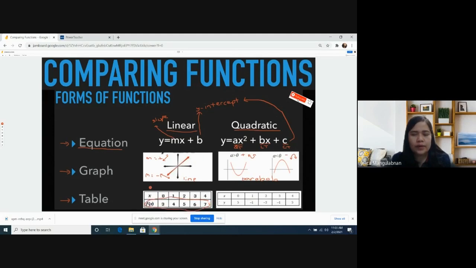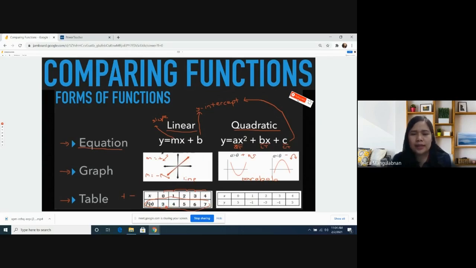Check the input first. If the inputs are consecutive, like this one, they are consecutive numbers. Check the output. If they are adding and subtracting on the output, that means it is a linear function. Take note on this one.